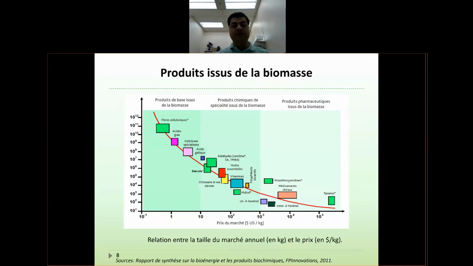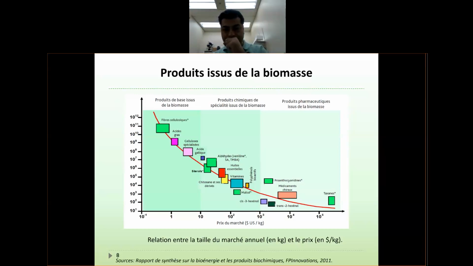This diagram considers market size of different products from biomass, and value, price, or value of the product. As you can see, for example, the market size of cellulosic fibers, like for example papers, is big. It's almost 2 million per year. Okay, 2 million per year.